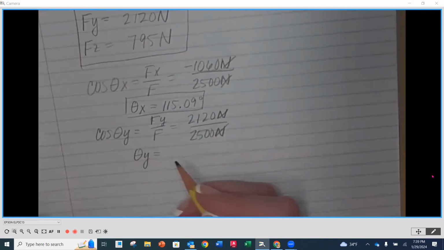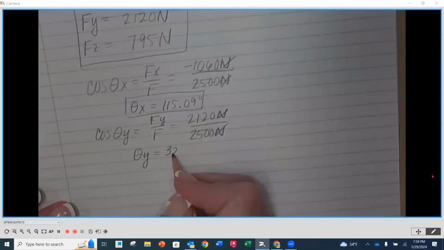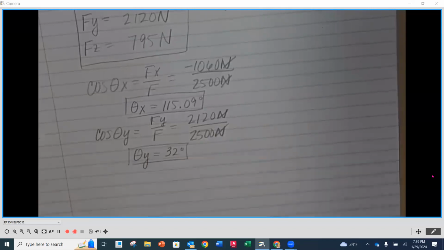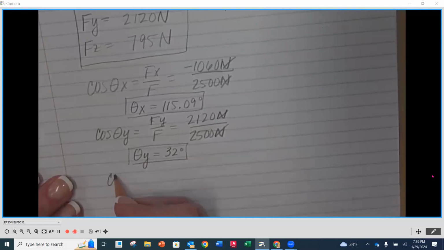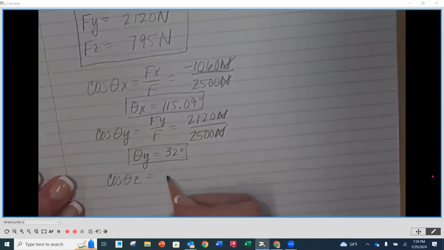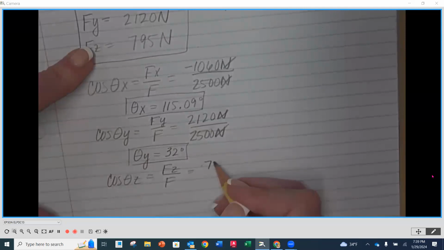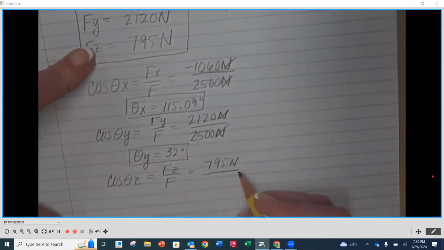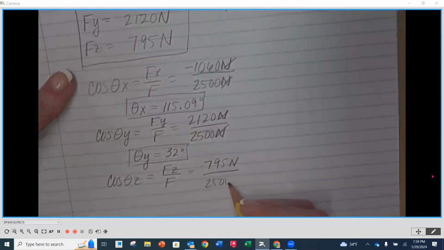Our theta y, 32 degrees. And then lastly, our cosine theta z is going to be equal to our Fz over our F. So our Fz is 795 newtons over 2,500 newtons.